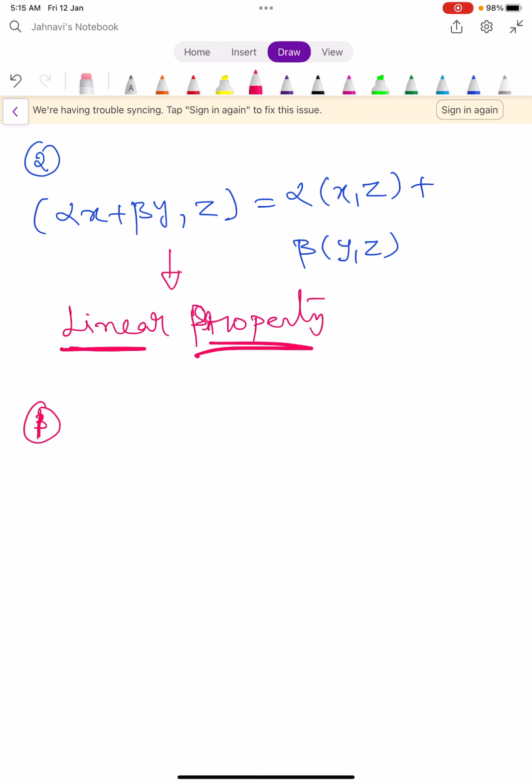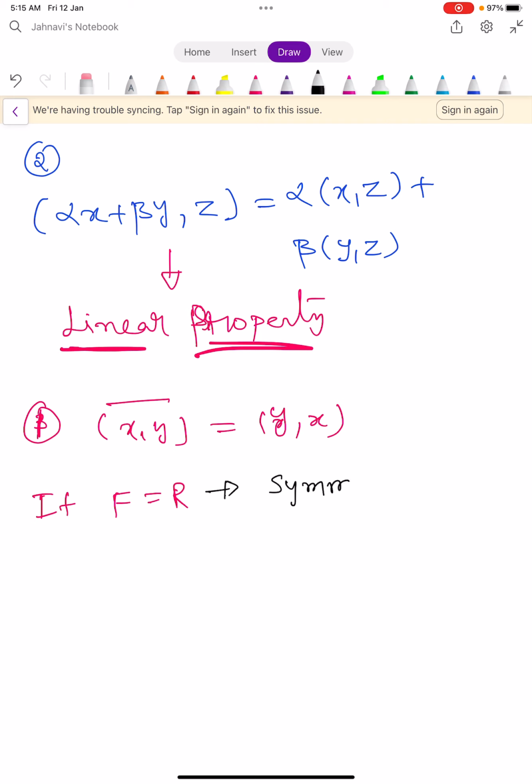Now what about the first property? In the first property, the inner product of x comma y, bar, is equal to the inner product of y comma x. If the field F is equal to R, this property is called symmetry, the symmetric property.